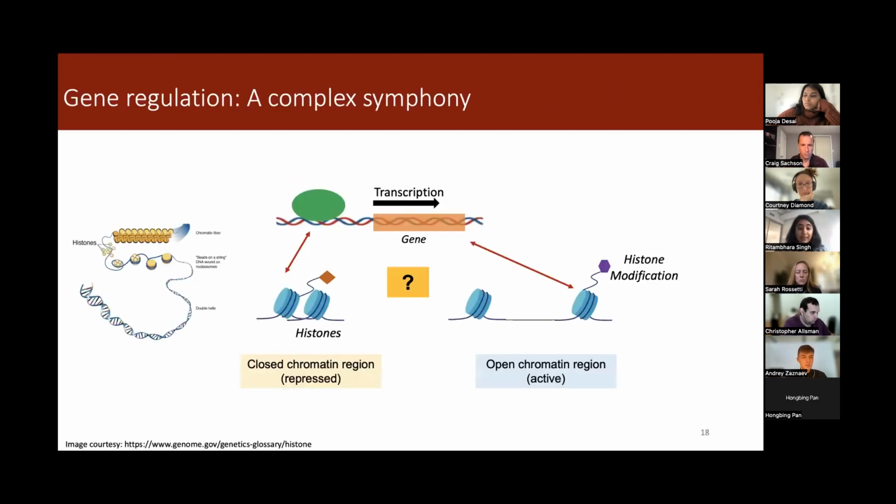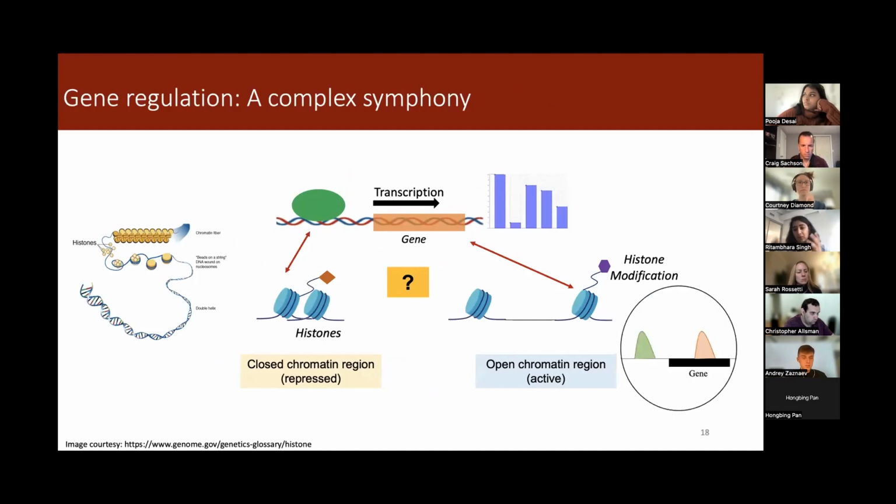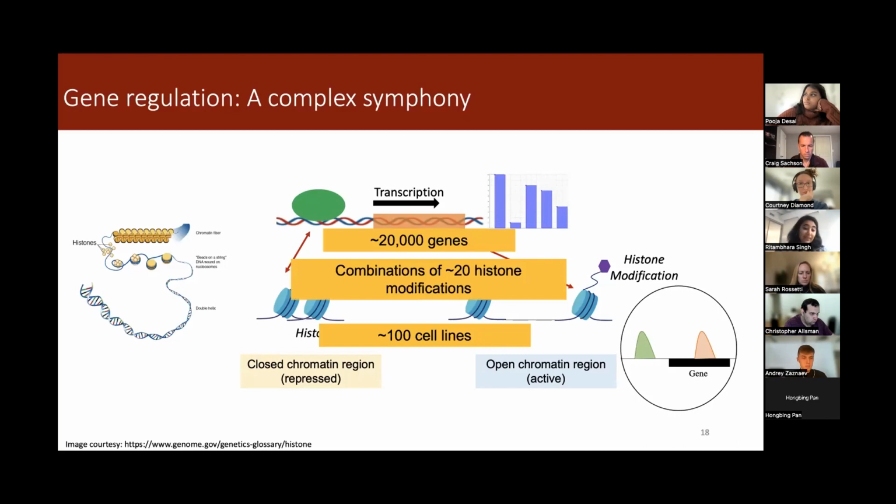And in trying to understand that, we have spent a lot of time collecting data sets. So we have data sets about gene expression. We also have data sets that capture whether a histone modification is present and where it's present using ChIP-seq experiments. But the problem here is the scale of the combinations that we are looking at, because it's not just one gene, it's 20,000 genes.